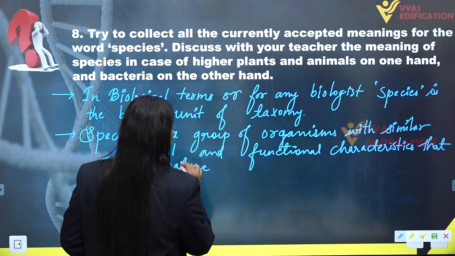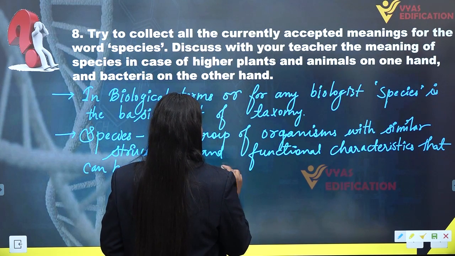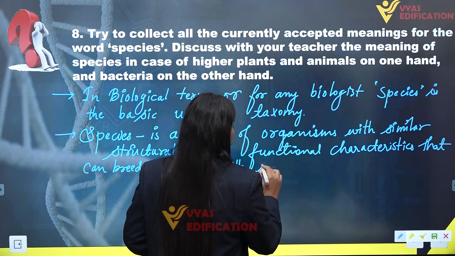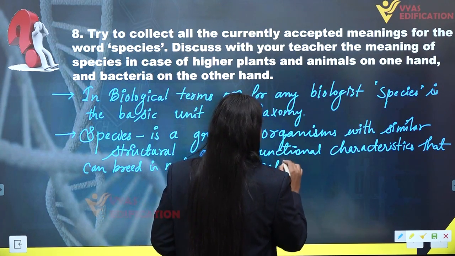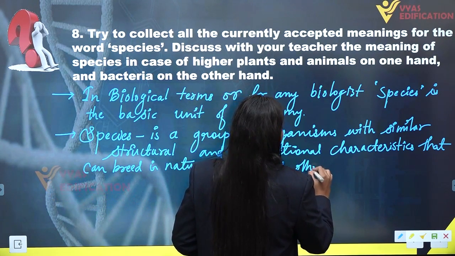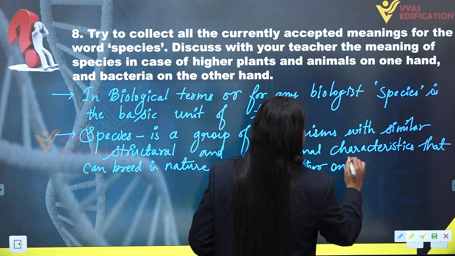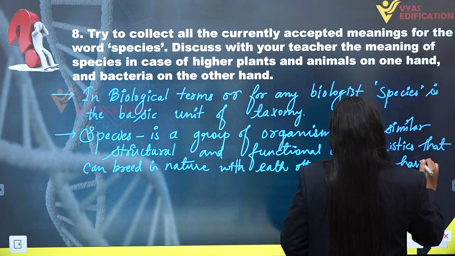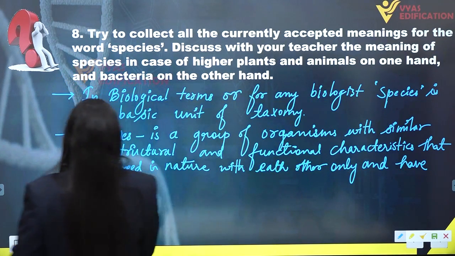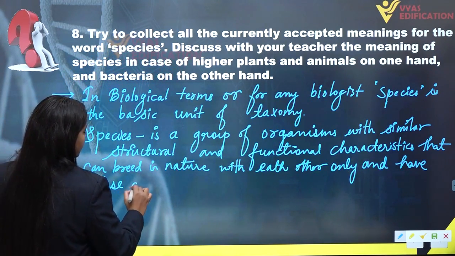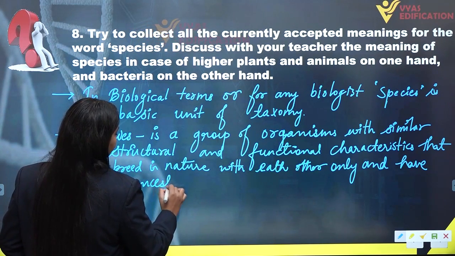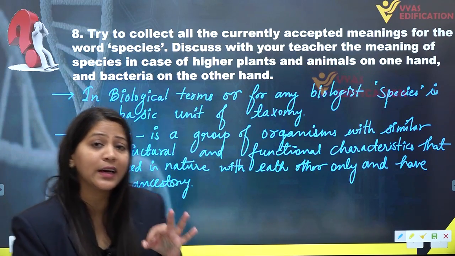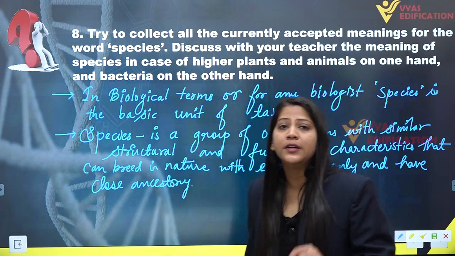Naturally they can breed, all right. They can breed in nature within themselves, with each other only, and have close ancestry. Alright, so this is the correct definition, word to word correct definition of species.